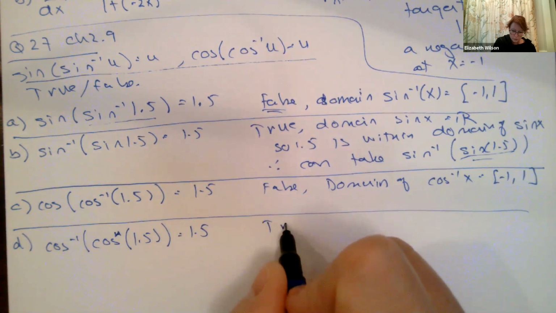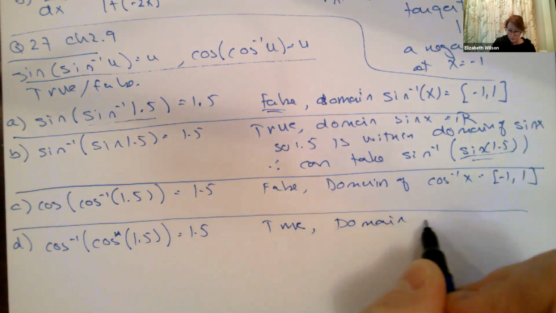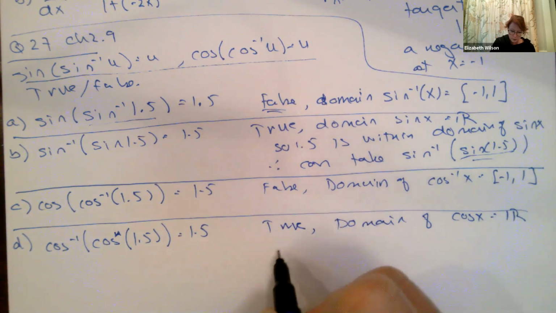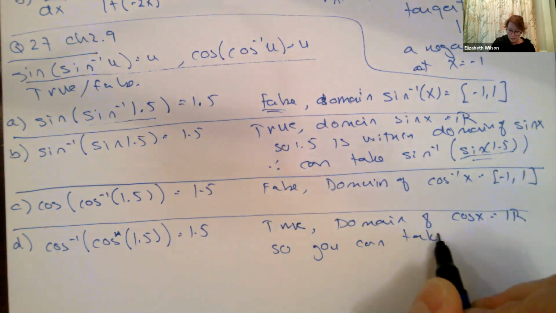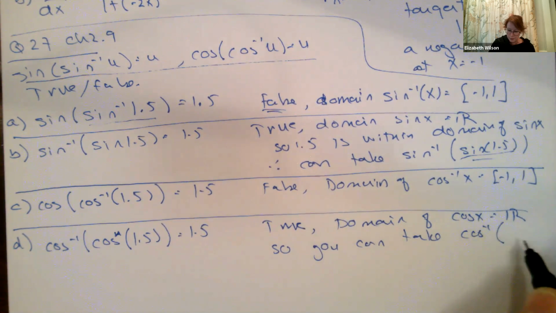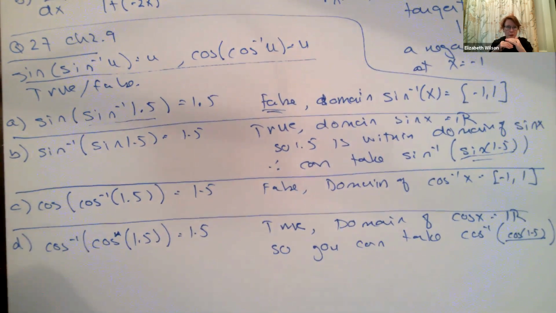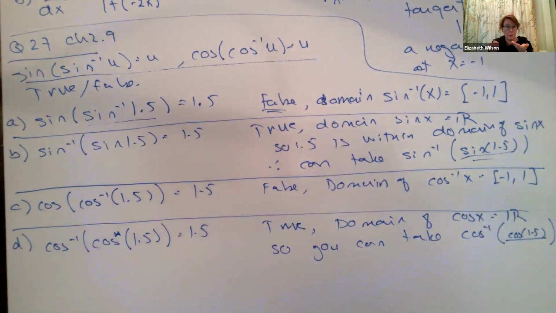And this is true here because the domain of the cosine of x is all real numbers. So you can take the inverse cosine of whatever, like this is going to be the cosine of 1.5. So it's going to be a number, and that number is going to be between 1 and -1, right? That's my output for my cosine function, which satisfies the input of my inverse cosine function.